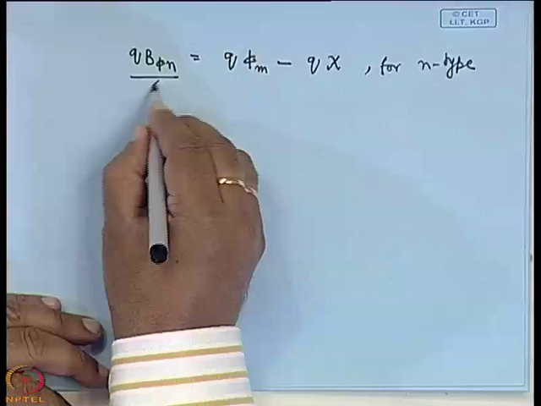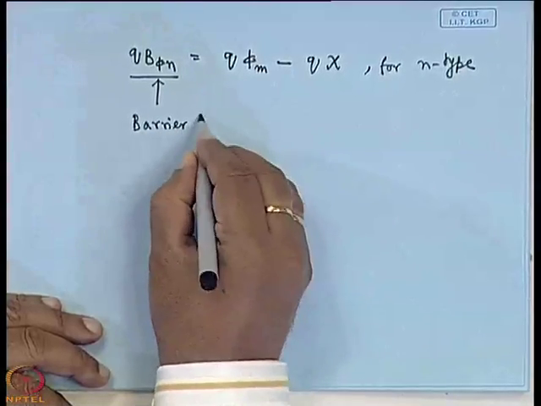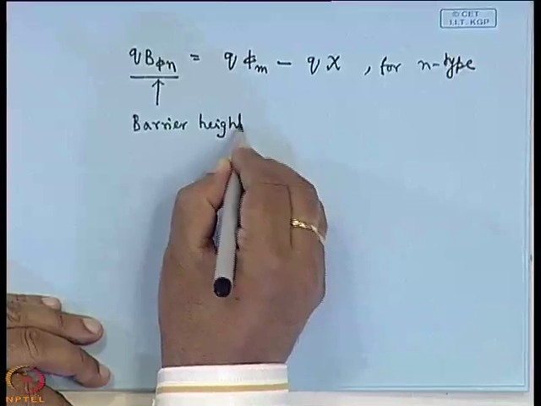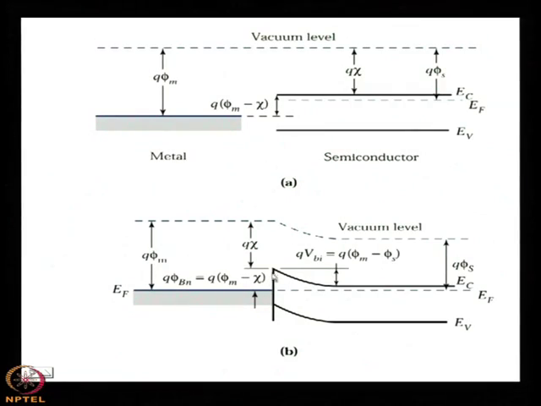This phi b n is known as the barrier height. You see that this is the barrier height.